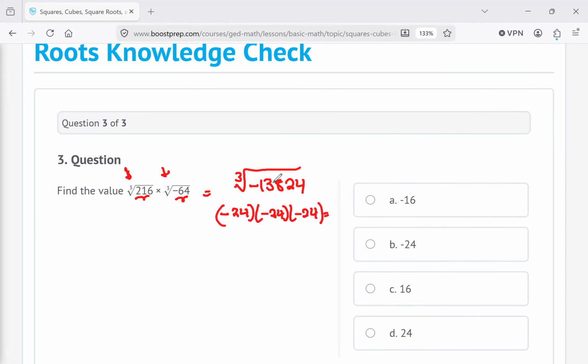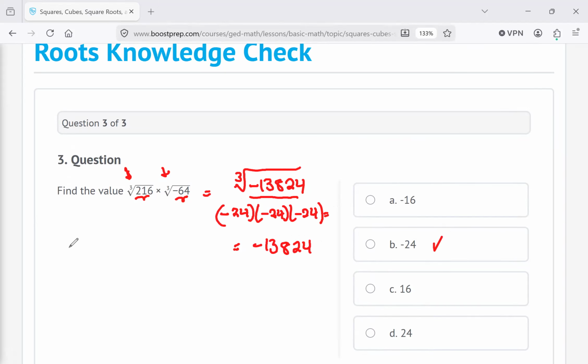Does that give you negative 13,824? I believe so. So it's definitely B.